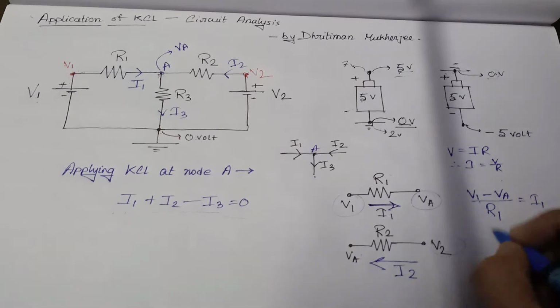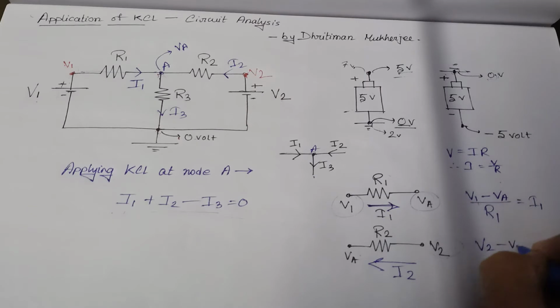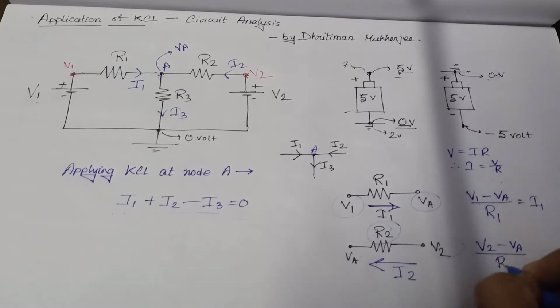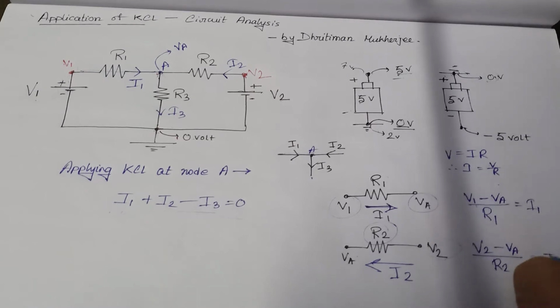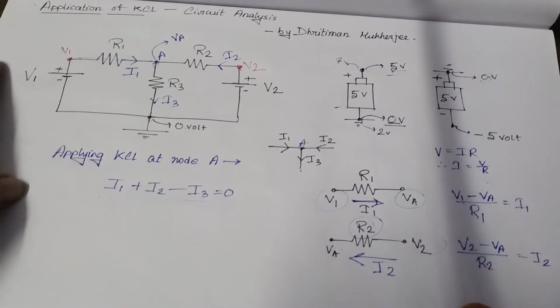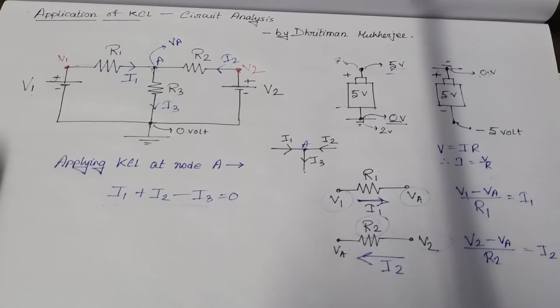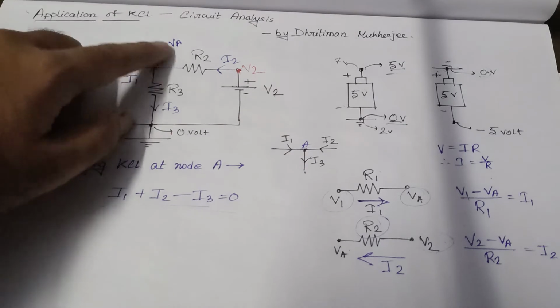So again the potential difference will be V2 minus VA, divided by the resistance R2, and the current is I2. So I2 equals V2 minus VA by R2. And one more branch is remaining, that is this branch.